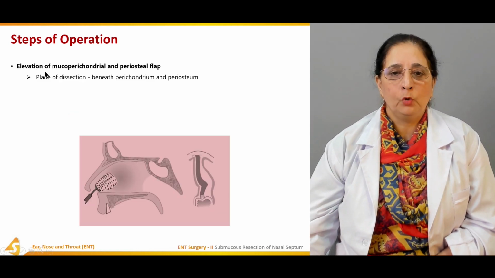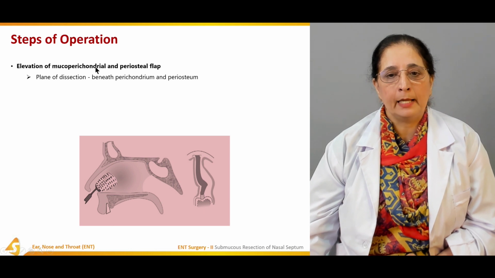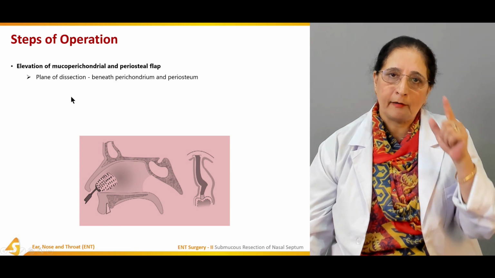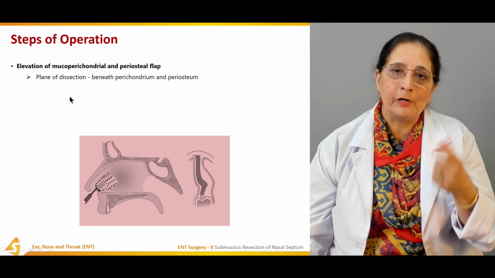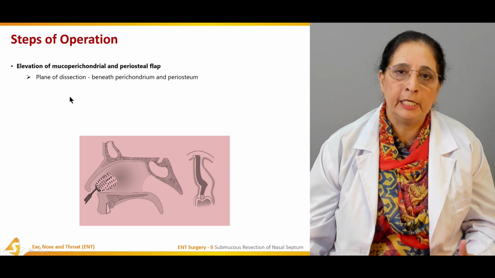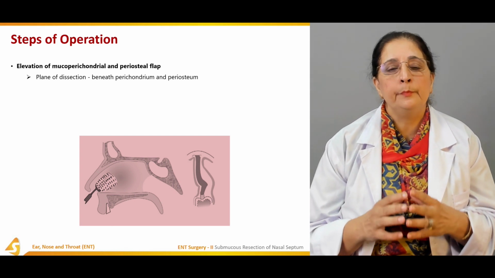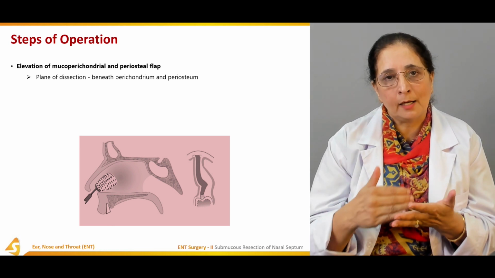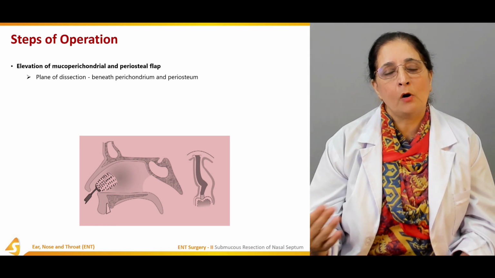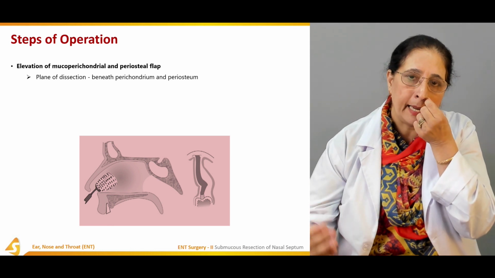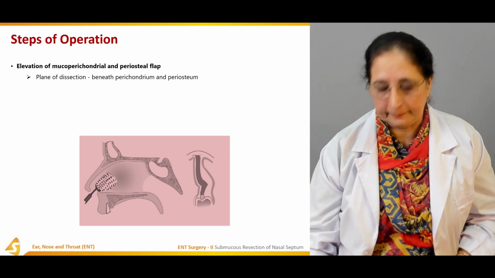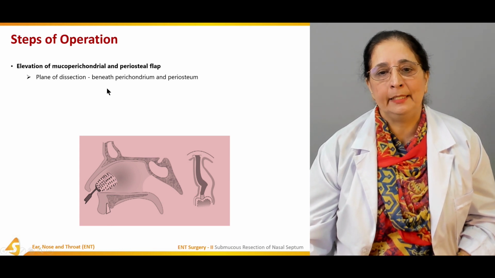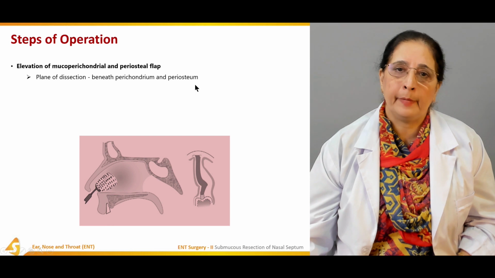Elevation of mucoperichondrial and periosteal flap. Perichondrial is around the cartilage; chondro is for the cartilage, osteo is for the bone. So after the incision, the mucoperichondrial and periosteal flaps are elevated. Plane of dissection is beneath the perichondrium and periosteum.